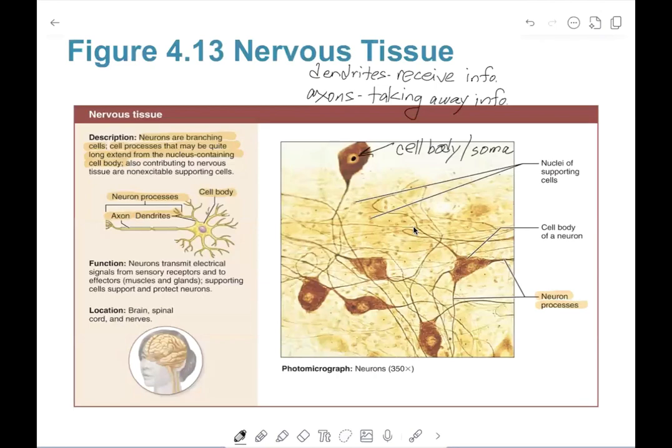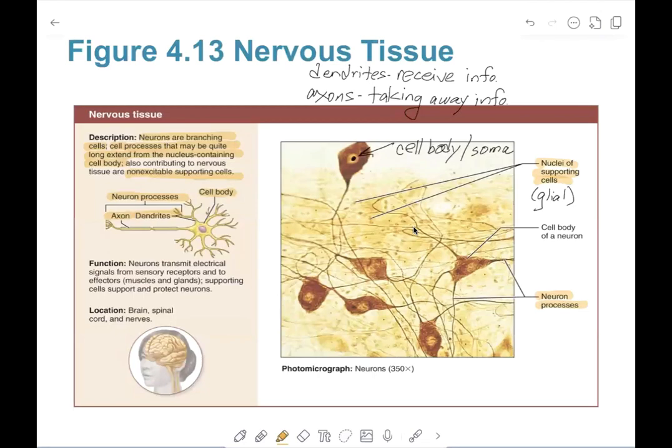or to a gland. Other cells that we have present in nervous tissue are non-excitable supporting cells. And these non-excitable supporting cells are glial cells. And you'll learn more about the specific types of glial cells when we get to the nervous system and chapter 11.